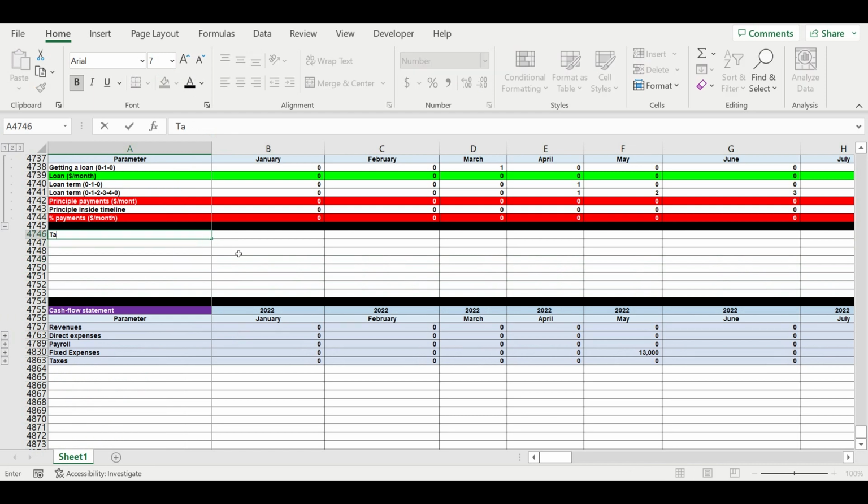So here we will describe the inputs for taxes, tax rate.